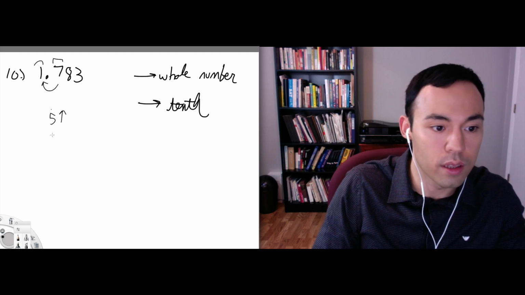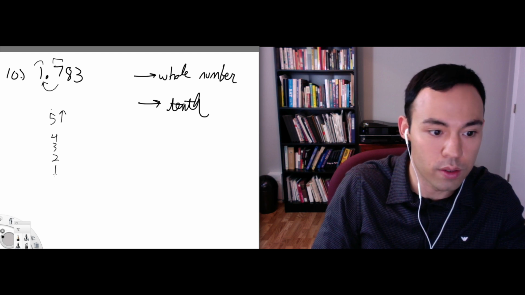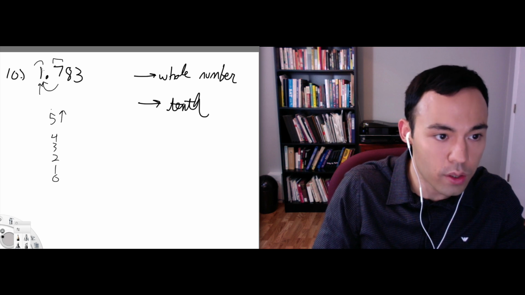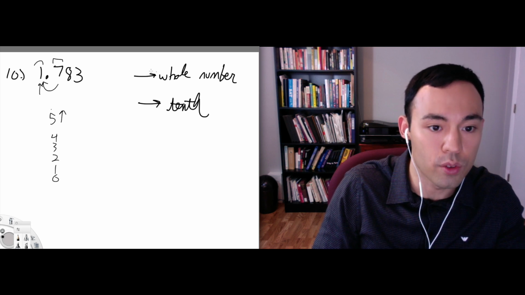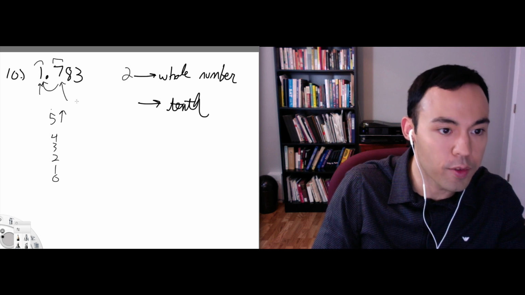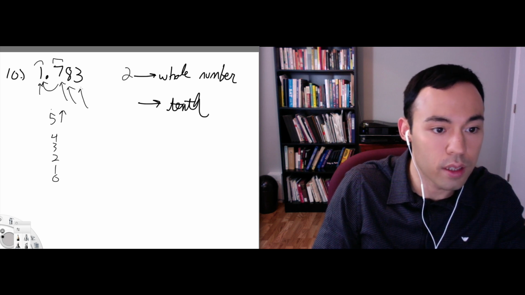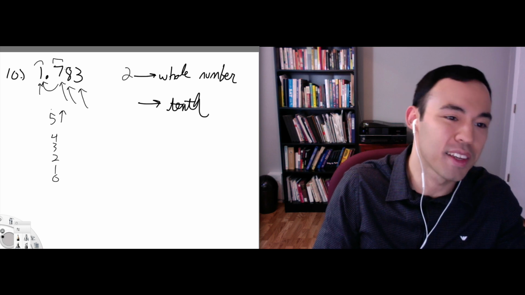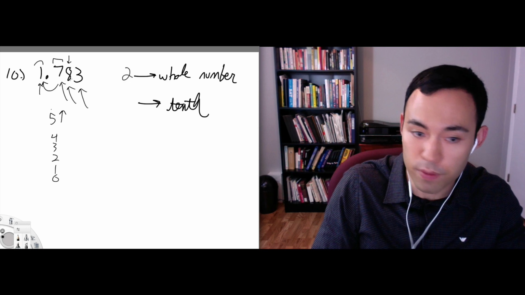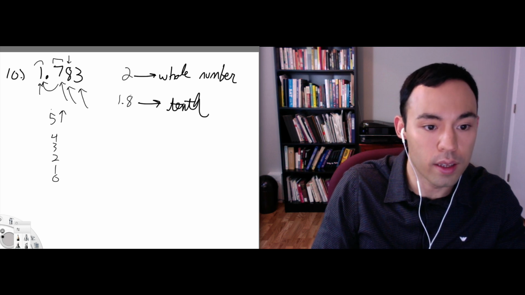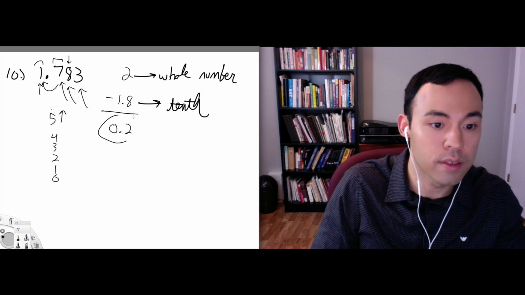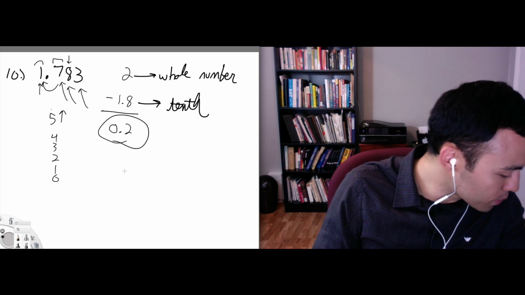If it's less than 5, so 4, 3, 2, 1, 0, then it stays the same. This is greater than 5, so the nearest whole number is 2. For the tenth, here's the tenths place, hundredths place, thousandths place. We do the same process, looking at this digit. That's also greater than 5, so this is 1.8. It wants the difference between those two values, and the answer is 0.2.